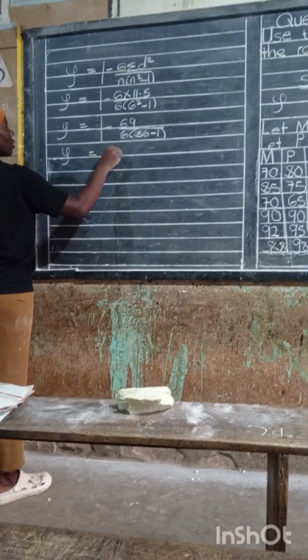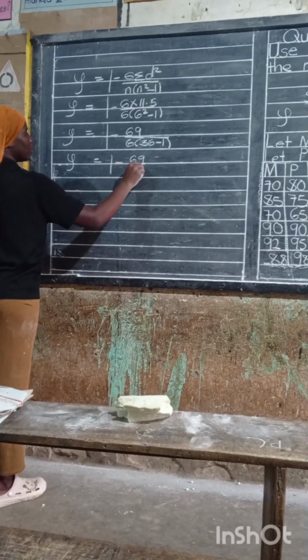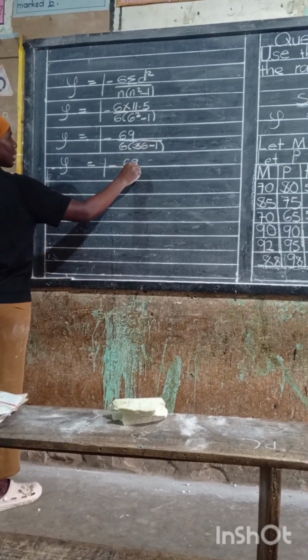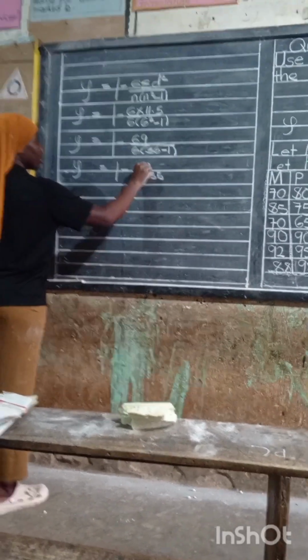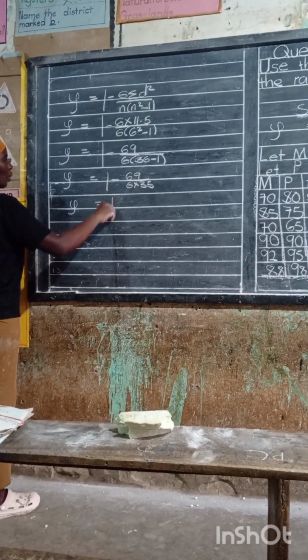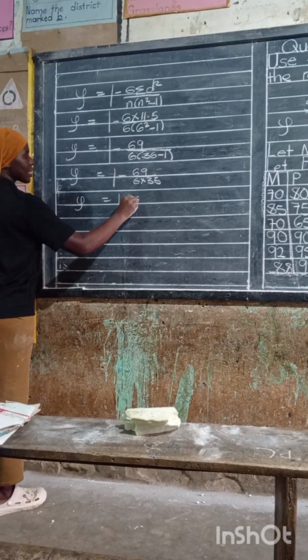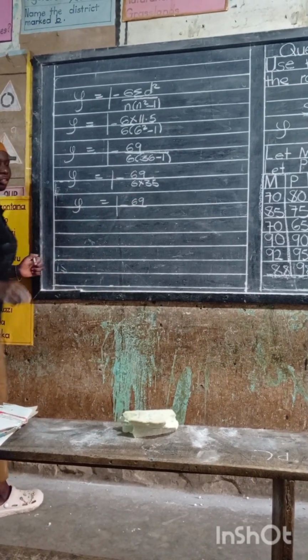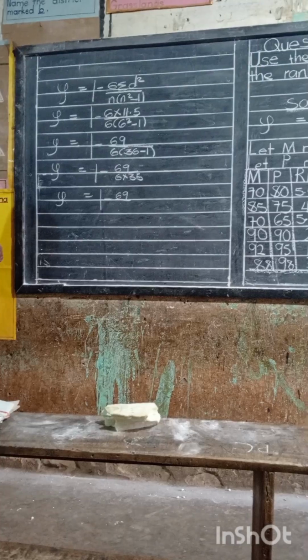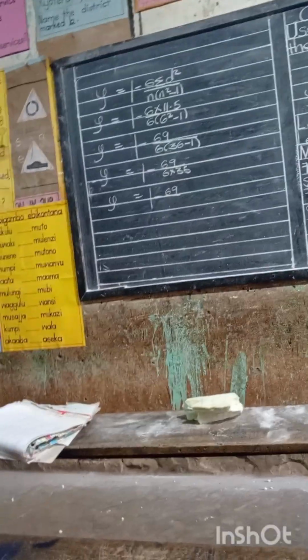Spearman's is 1 minus 69 out of 6 times, when I get 36 minus 1, I get 35. So Spearman's is 1 minus 69 out of 6 times 5. From my calculator, I get 210.